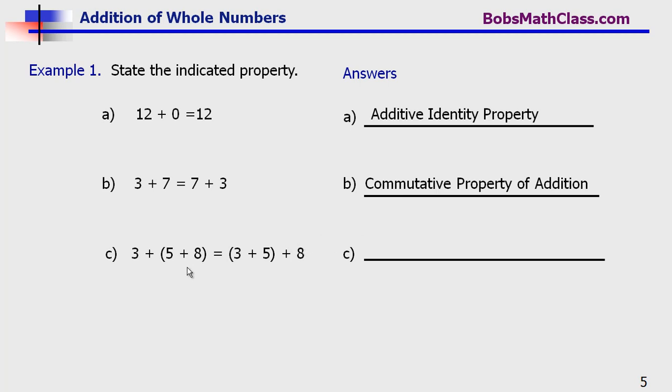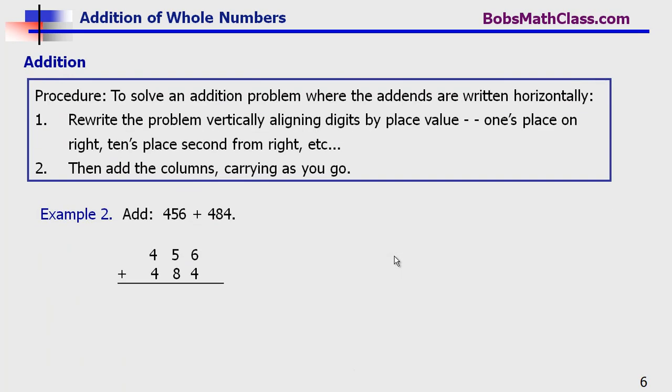Okay, and the last one, this one has the parentheses around different numbers, but the numbers are in the same order, 3, 5, 8, 3, 5, 8. That was the associative property of addition. Okay. As we go on in these lessons, we're going to have more properties.